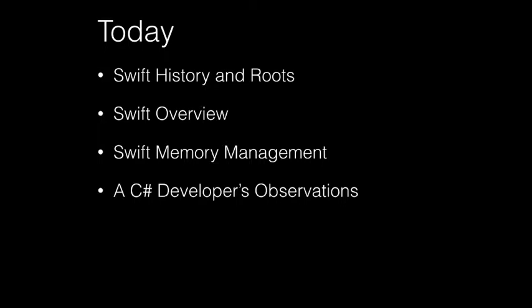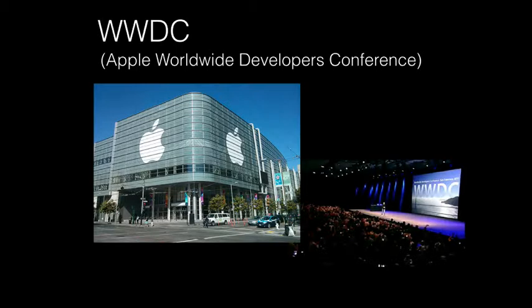But first, I want to talk about WWDC. The WWDC is a yearly conference that's held in San Francisco. It lasts a week. It starts with a keynote, and then there's smaller presentations, breakouts that really focus in on different topics, what's new, and sometimes what's old as well.